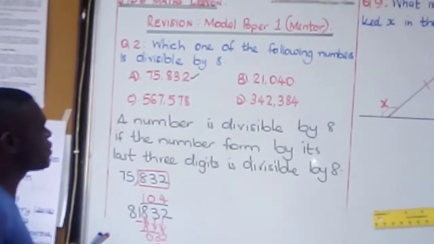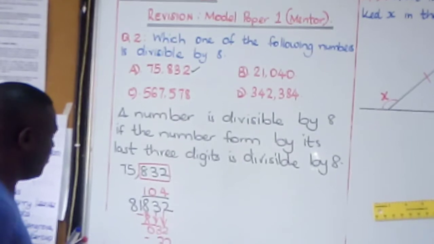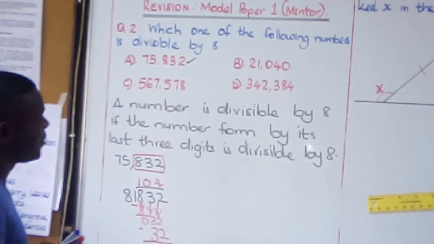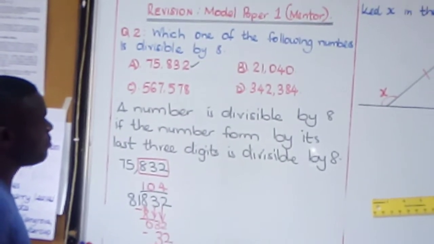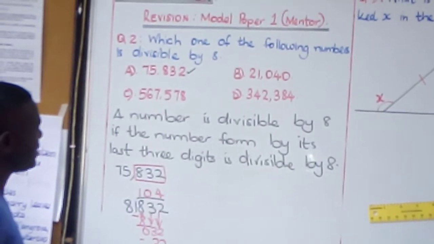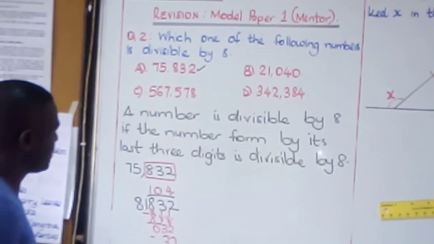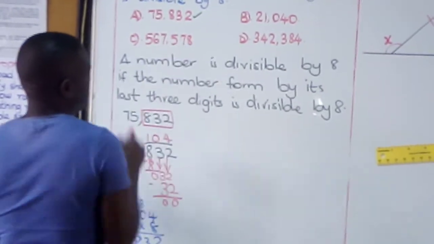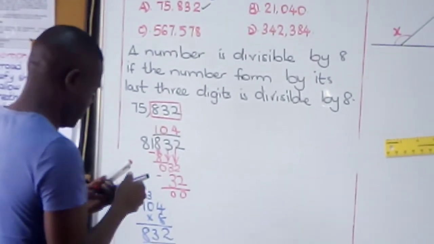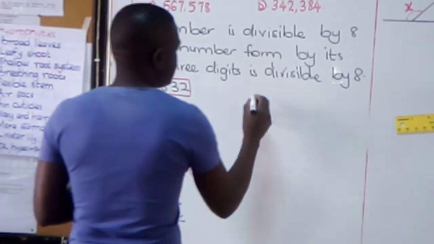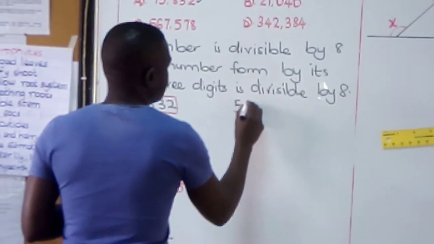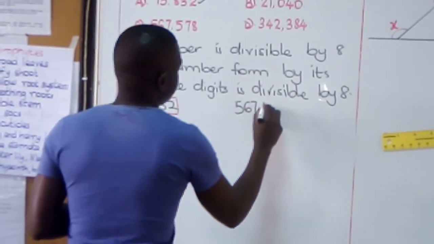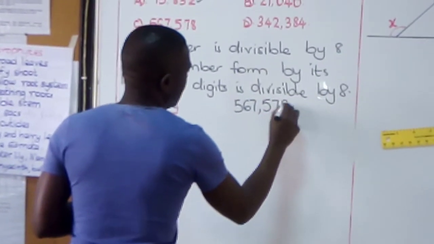I want us to prove one more sum, if it is divisible by 8. Let's look at this. 567,578.